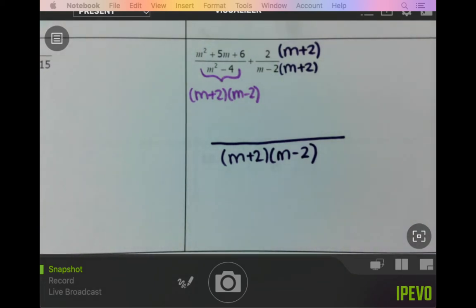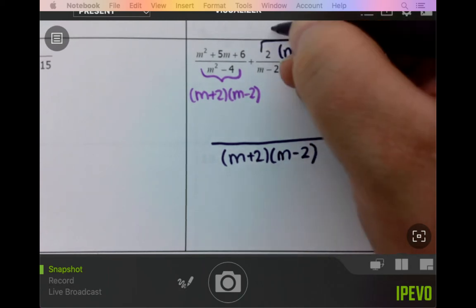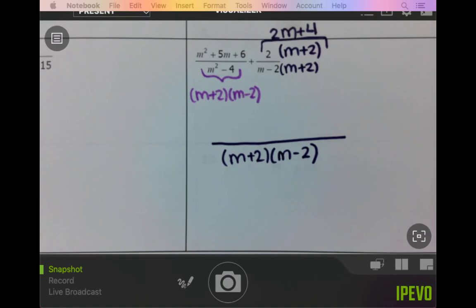And on the top, this is where I'm going to kind of do it more like you might do it on your assignment. Normally in notes, I take my time and do every little step so you guys can see what's going on. This time, I'm going to go ahead and multiply these together, which makes 2m plus 4.